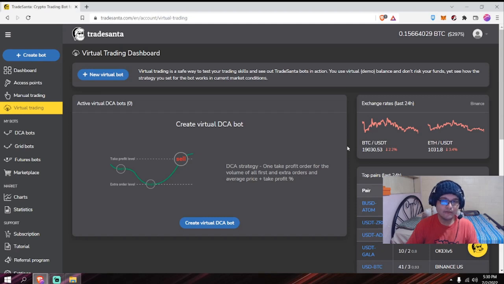It does open up a virtual DCA bot, but the problem I encountered is it makes an error from the start. So you won't be able to backtest from this. This is just basically knowing how to open or create a bot. It doesn't actually create trades that work for you.